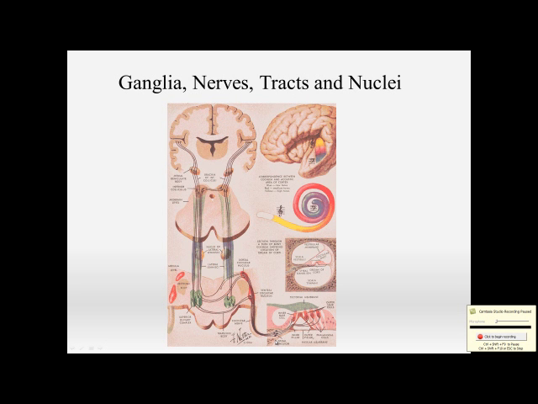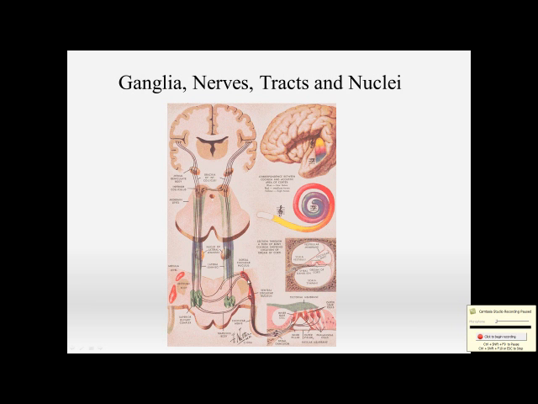So that would be the spiral ganglion. And then the nerve would emerge from the spiral ganglion and make its way into the central nervous system. Its synapses, that is to say, it plugs into or connects to the central nervous system at the ventral or the dorsal cochlear nuclei.